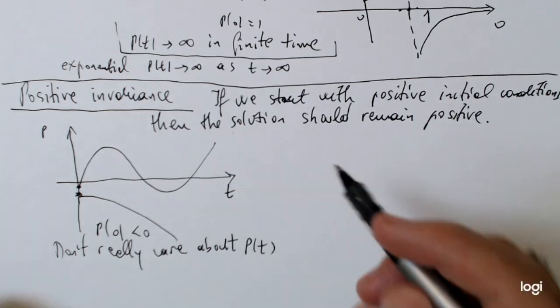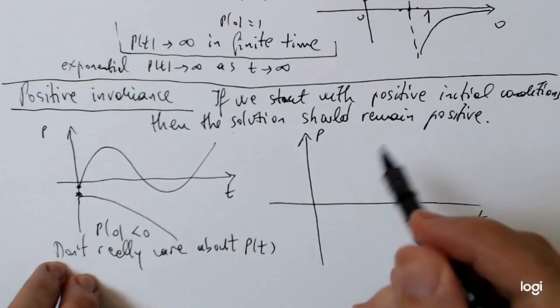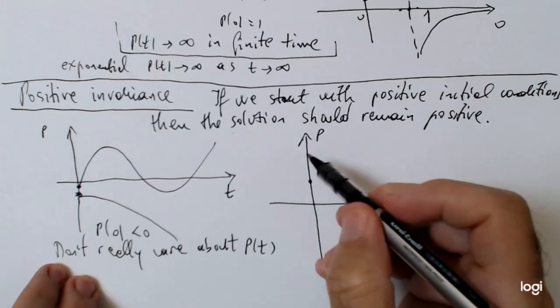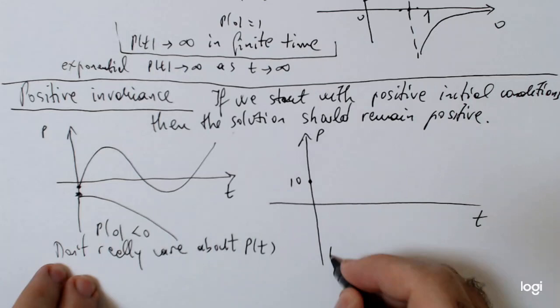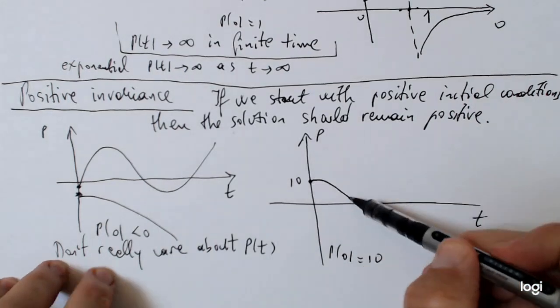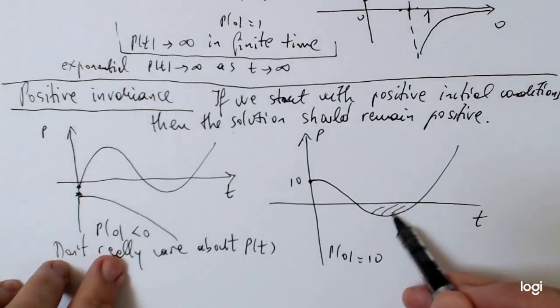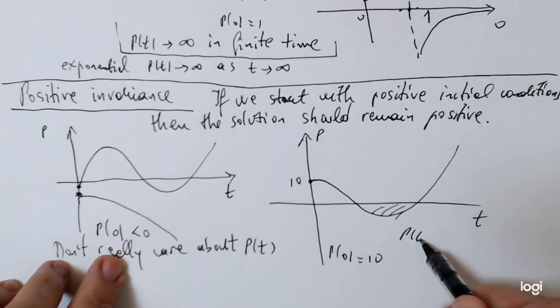On the other hand, if you have a population model and you start with a positive quantity, let's say you start with P of 0 equals 10, and let's say the population goes like this, so that means at a certain point in time in the future, P of t becomes negative.